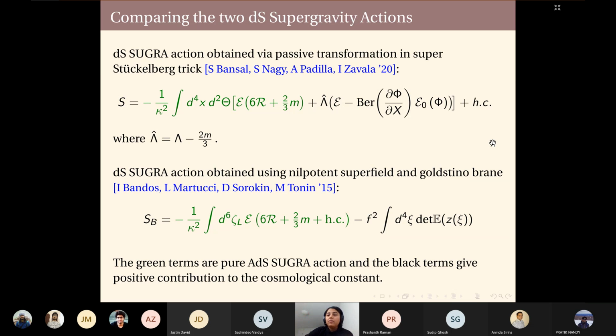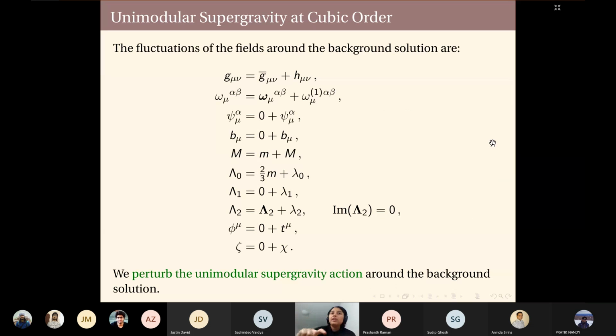And what we do is resort to perturbation theory. So we fluctuate the fields that went into constructing the Stückelberg unimodular supergravity action around the background. The metric is fluctuated around its background value, and the first order fluctuation is given by h mu nu. This is for the spin connection.